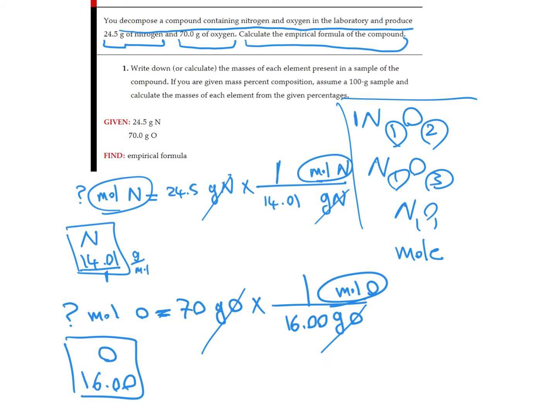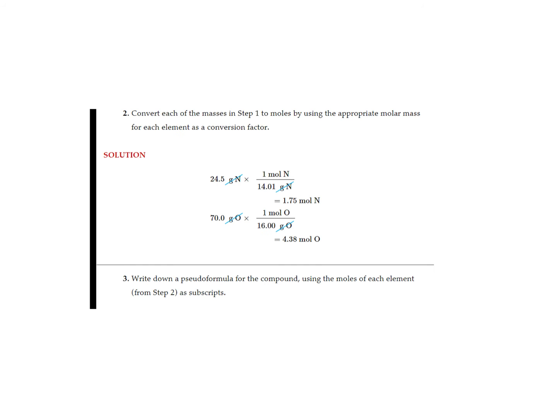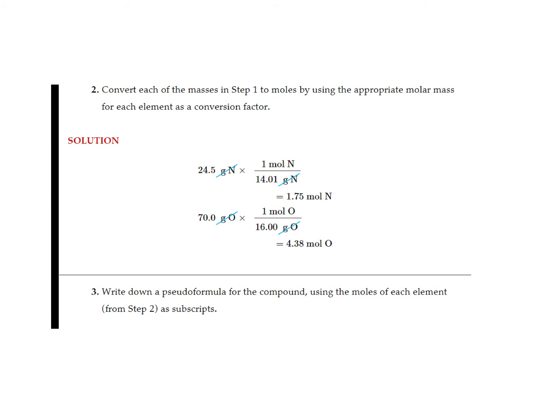After you do the math, to save time, I already copied and pasted from your textbook. You have 1.75 moles of nitrogen and 4.38 moles of oxygen. So you write N 1.75, O 4.38. Okay? Are we good so far?